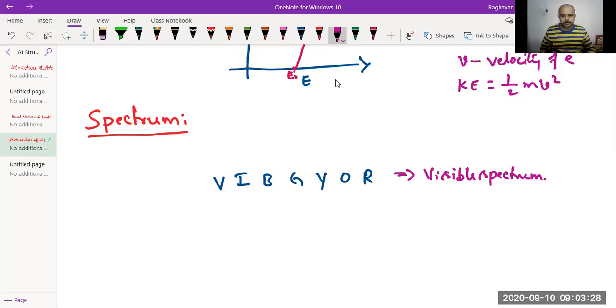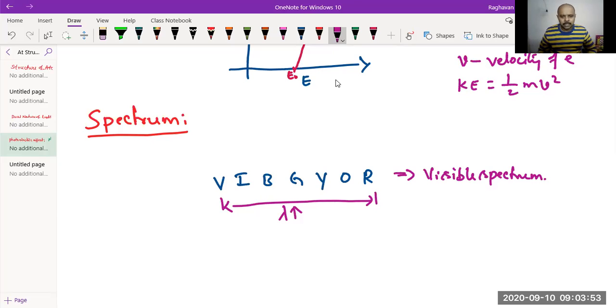In this visible spectrum, from violet to red, when we move here, the wavelength increases. So there is a pattern here where different radiations have been arranged in the increasing order of their wavelength. So that is what the visible spectrum is.